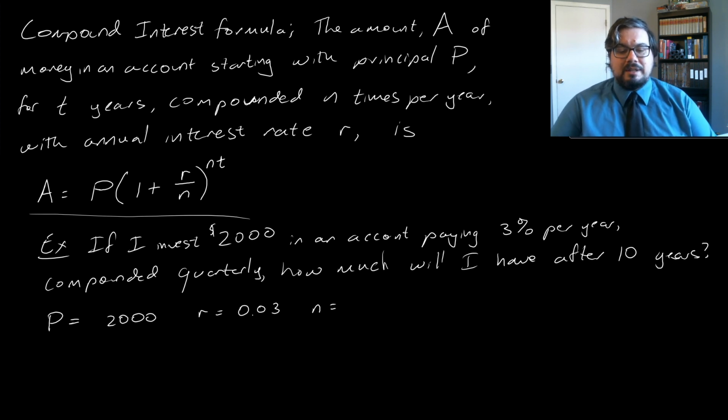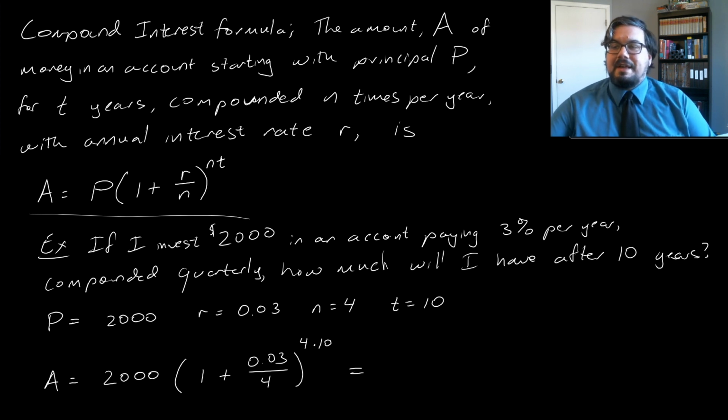Compounded quarterly means that we're compounding 4 times per year, so N is 4. And then how much will I have after 10 years tells us that T in this case is 10. So let's plug all of those into our formula. We have A is equal to 2,000 times 1 plus 0.03 over 4 raised to the 4 times 10.